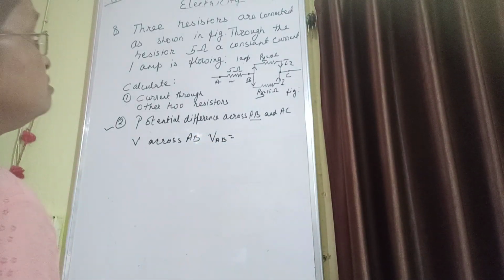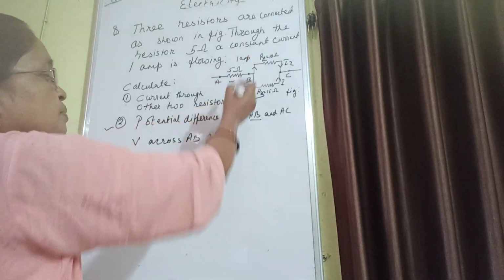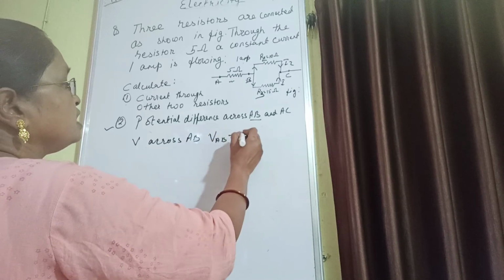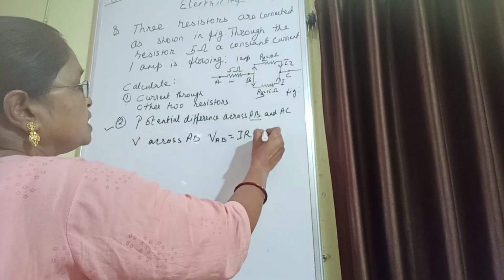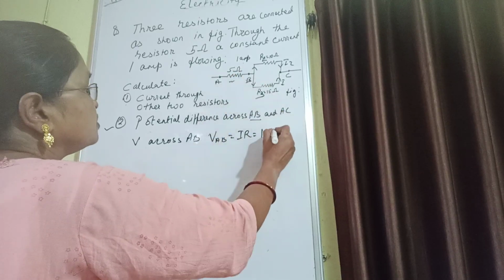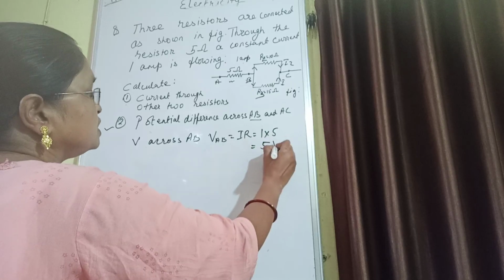What do we have? R is 5 ohm and I is 1 ampere. Everything is given. VAB is I into R, I is 1 ampere, R is 5 ohm. So it is 5 volt.